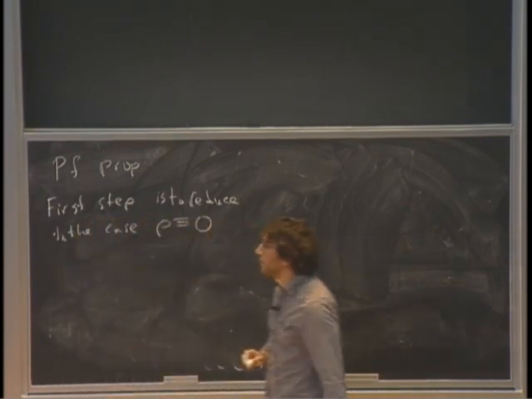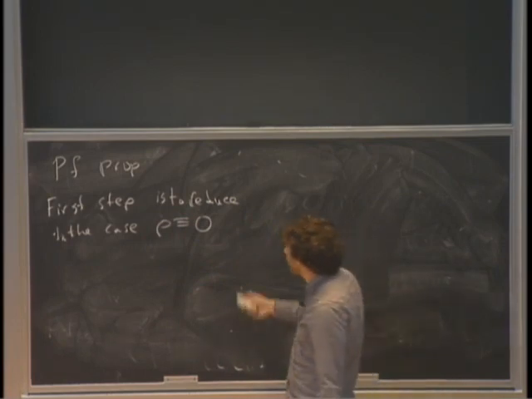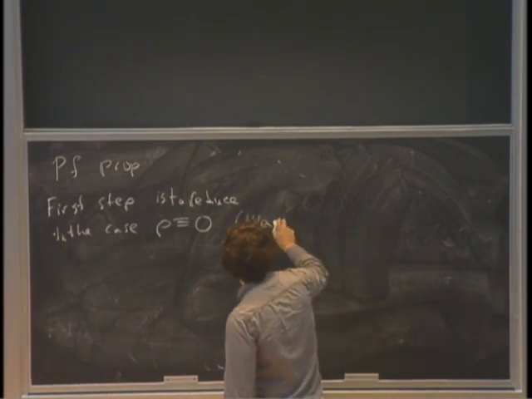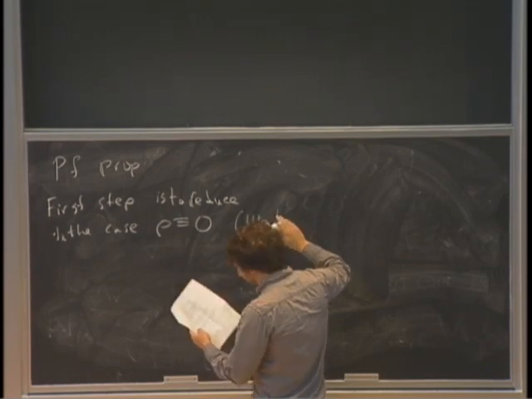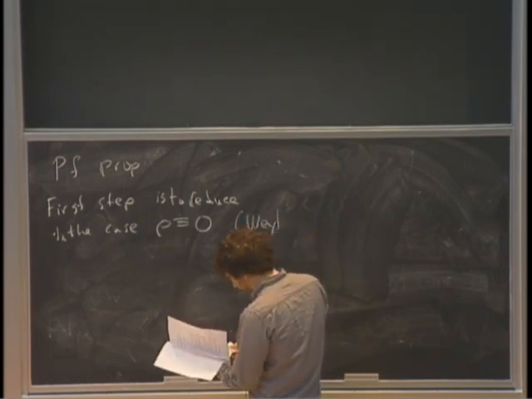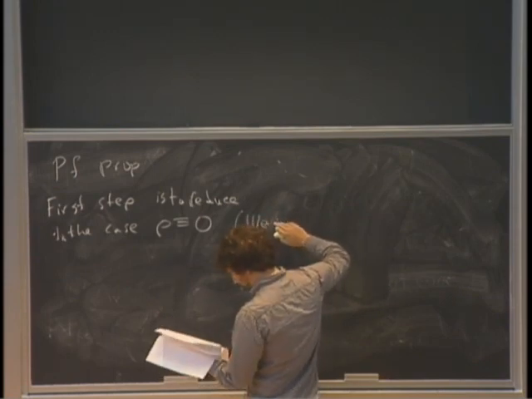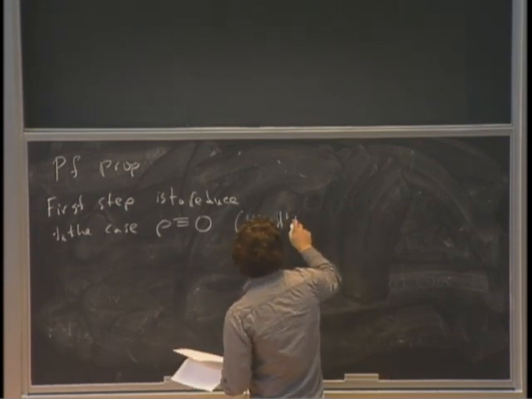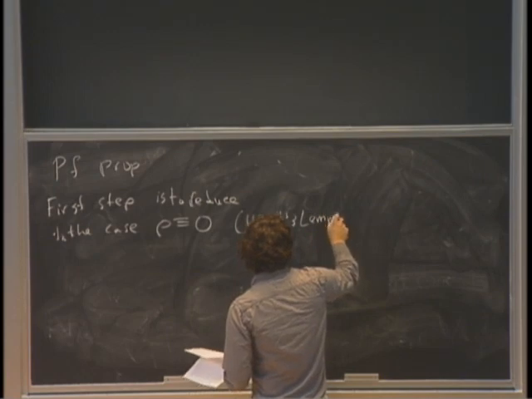In the case that rho is identically 0, this is sometimes called Weil's lemma.